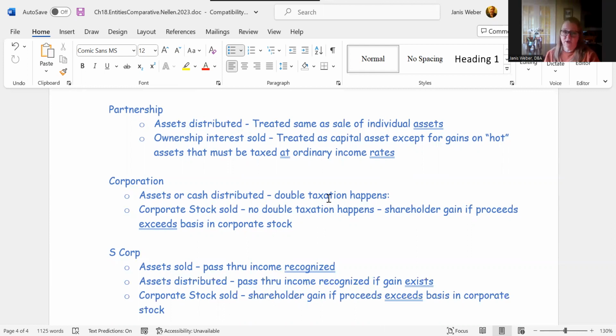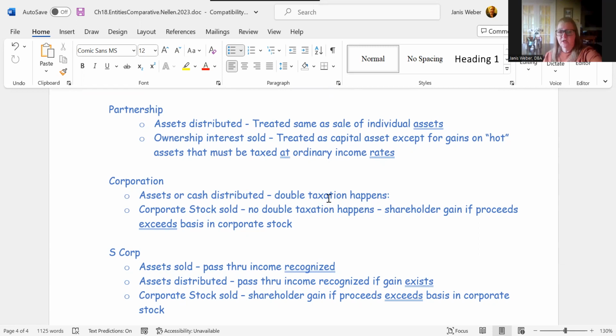Again, it's a very complex concept, but it basically just means the assets that would have to be shown at ordinary income rates rather than capital gains. So most of the time, an ownership interest would be at least partly a capital gain asset, but the assets that would have sold as ordinary income need to stay as ordinary income. Like if it were inventory or some other asset, that would obviously be ordinary income property.